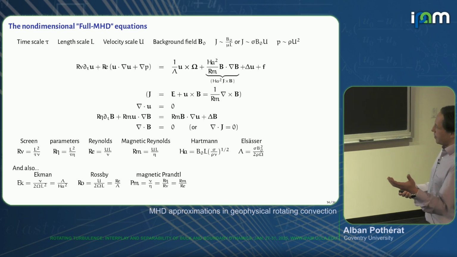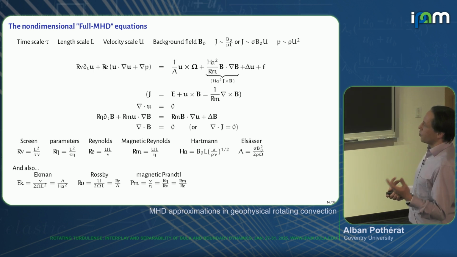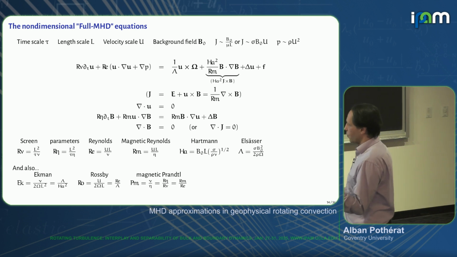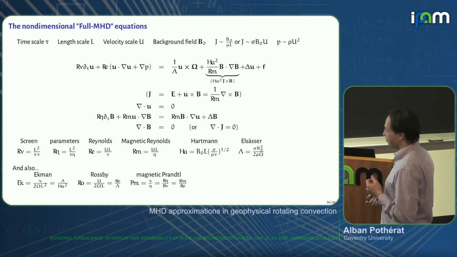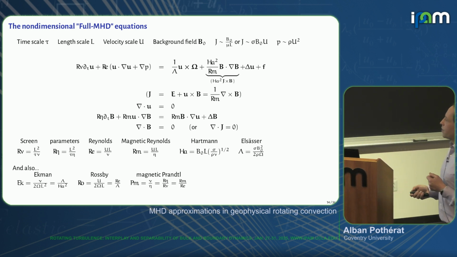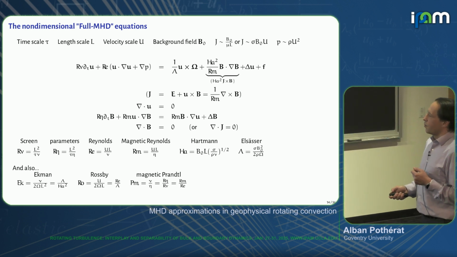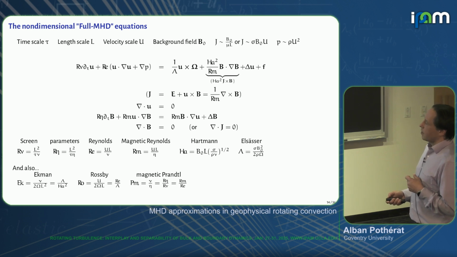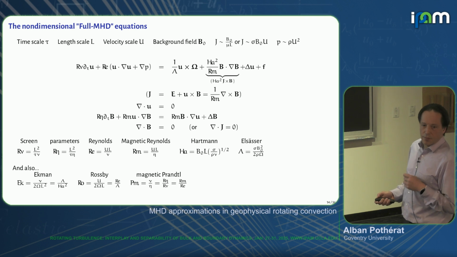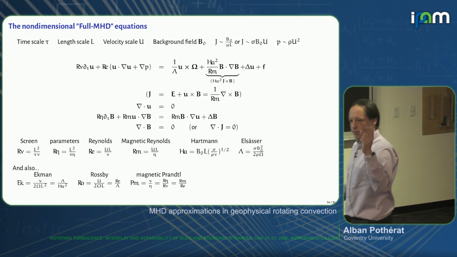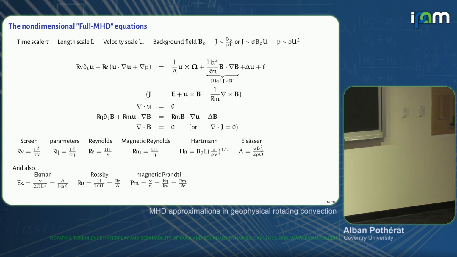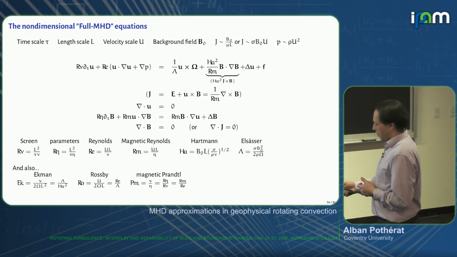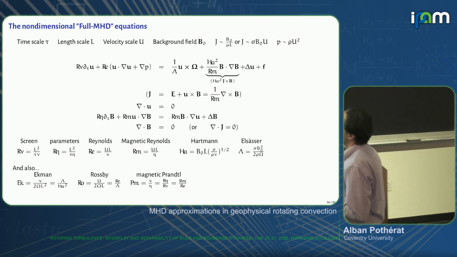An Elsasser number, as I said earlier, is the one that gives you the ratio of Lorentz force to Coriolis force. And I think I've done them all. And of course you recover the usual Ekman and Rossby numbers as a combination of these. There's also a magnetic Prandtl number, which is a ratio of diffusivities, just like the thermal one, but this time with a magnetic diffusivity. So these are our equations.